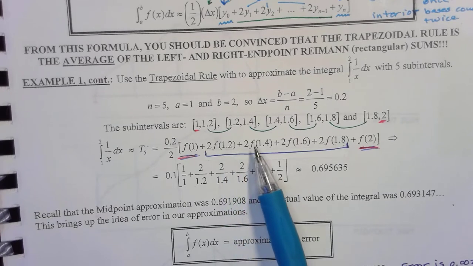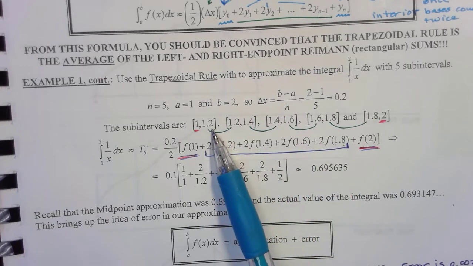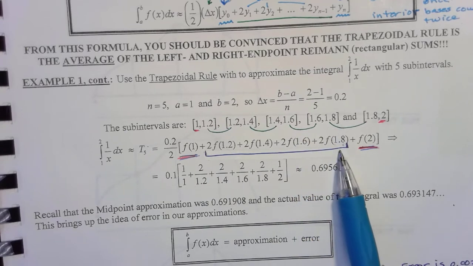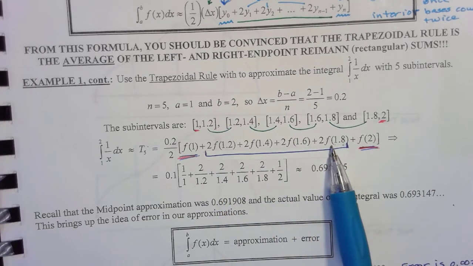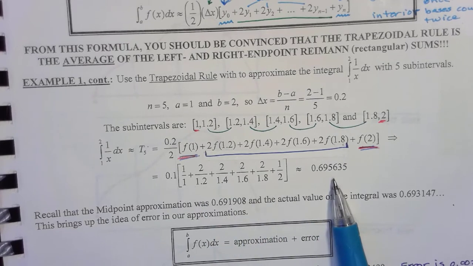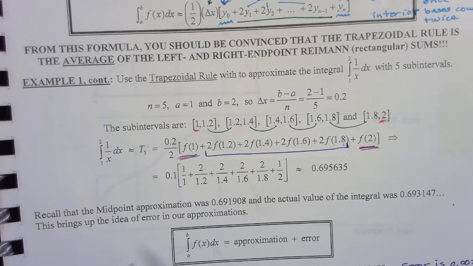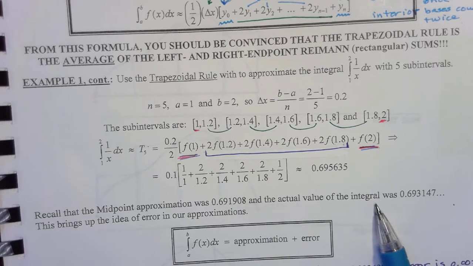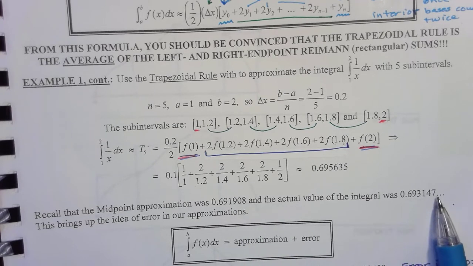The interior x's, 1.2, 1.4, 1.6, and 1.8, are evaluated and used twice. And here's what we get. Now let's recall the midpoint approximation was 0.691908, and the actual value of this integral is 0.693147.